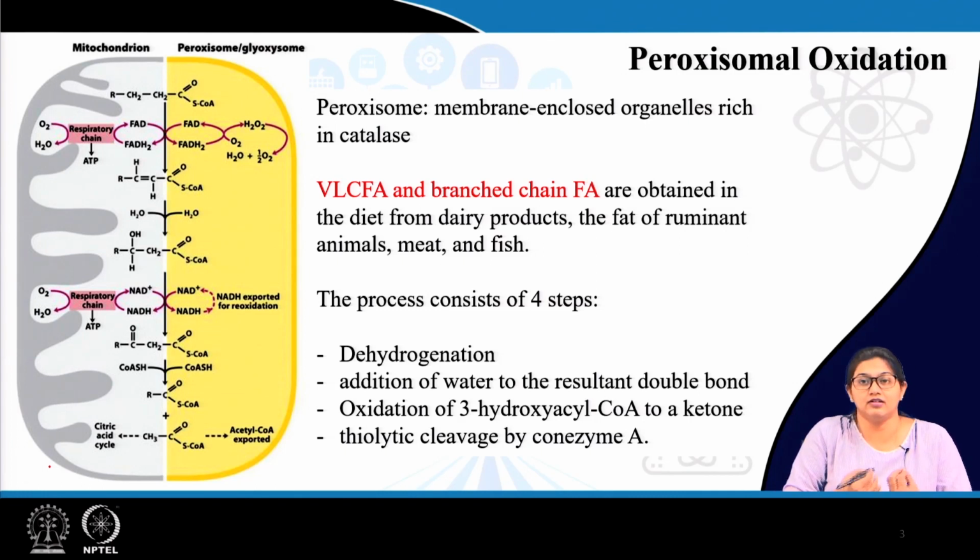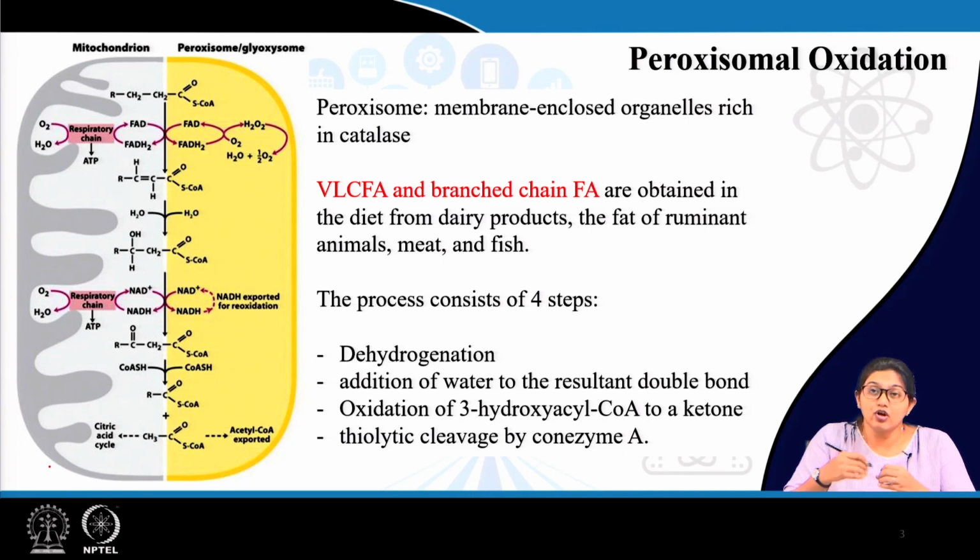It is a catalase rich organelle, and different types of oxidations like amino acid oxidation and fatty acid oxidation occur in peroxisome, from which free radicals are generated, and those free radicals are neutralized with the help of the enzyme catalase. So, peroxisome is a very well known organelle for handling different free radicals.